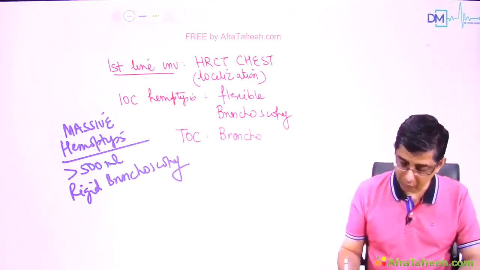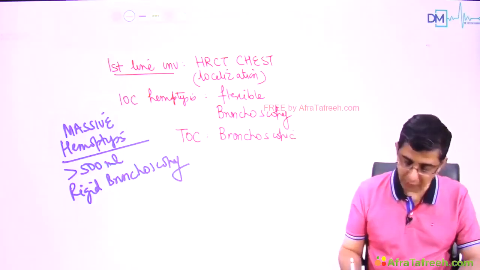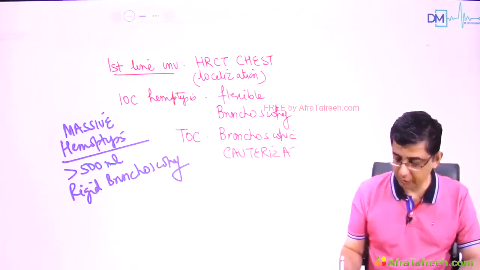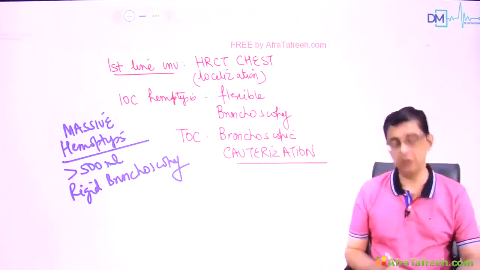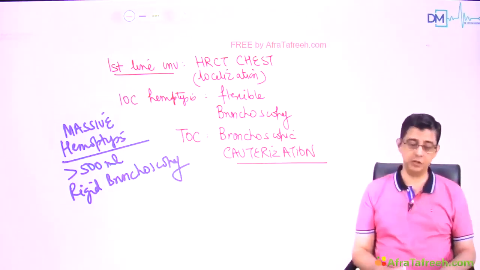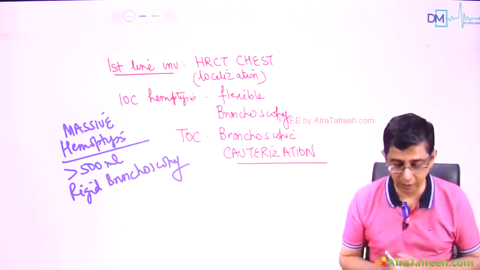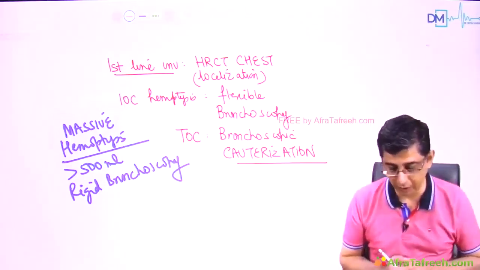We can do a bronchoscopic ligation, we can do a bronchoscopic cauterization of the bleeder, and therefore the patient will definitely be best treated. Otherwise, obviously, surgical options are also there, but bronchoscopic cauterization is a non-invasive method by which we can aggressively treat this particular category of patients.